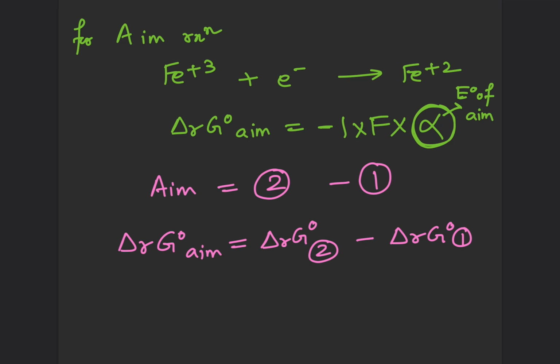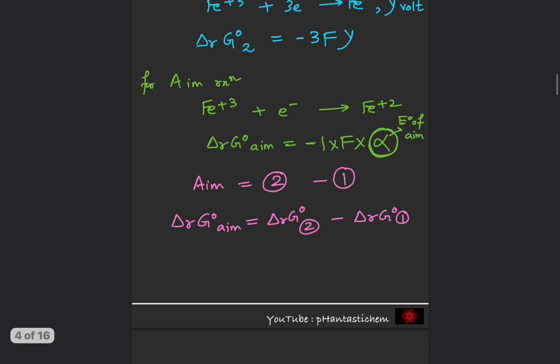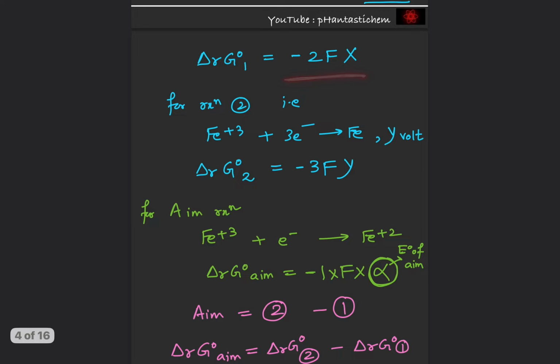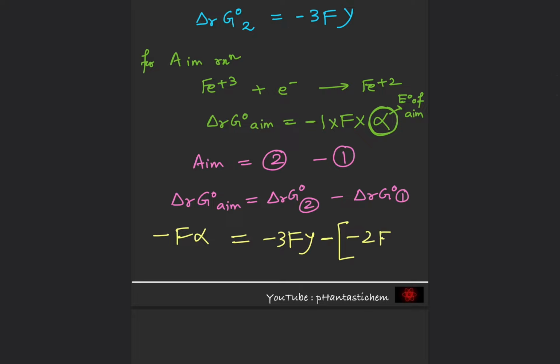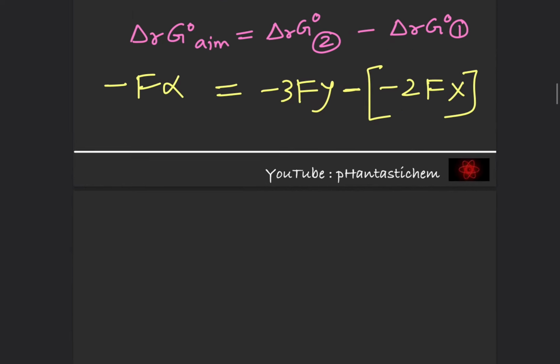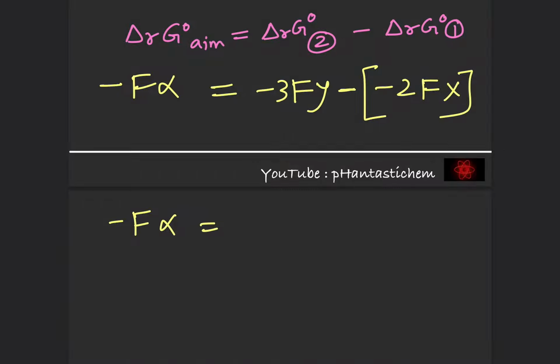Okay, and delta R G naught of aim we calculated, that is equal to minus F into alpha, so I will write minus F alpha equal to delta R G naught 2, we know it is minus 3Fy, and minus of delta R G naught of 1 is minus of minus 2Fx, so I will write plus 2Fx, right? So upon solving, we will get minus F alpha equal to minus 3Fy plus 2Fx.